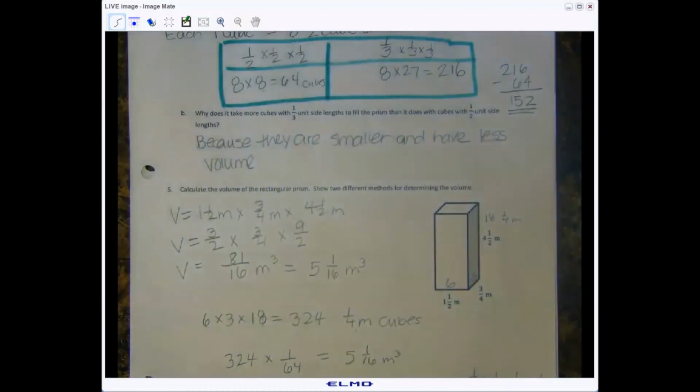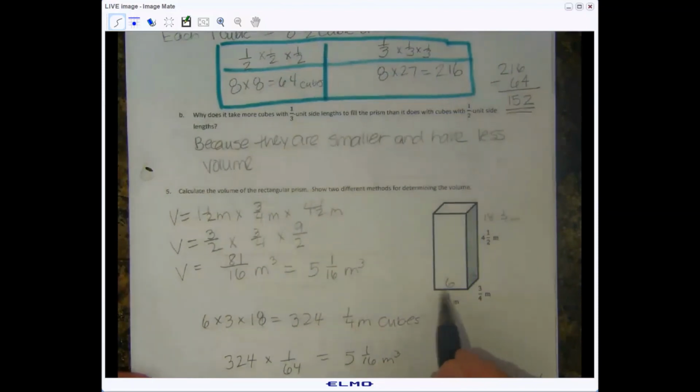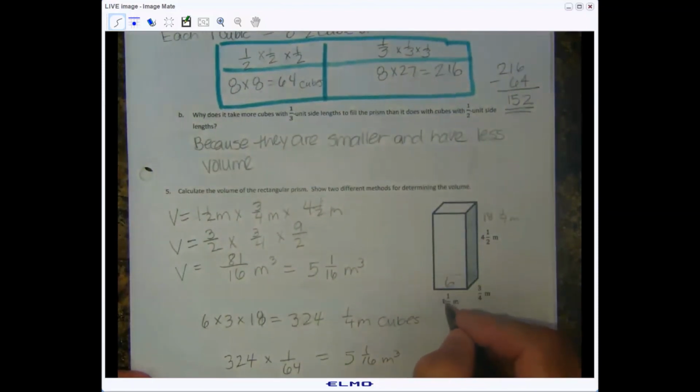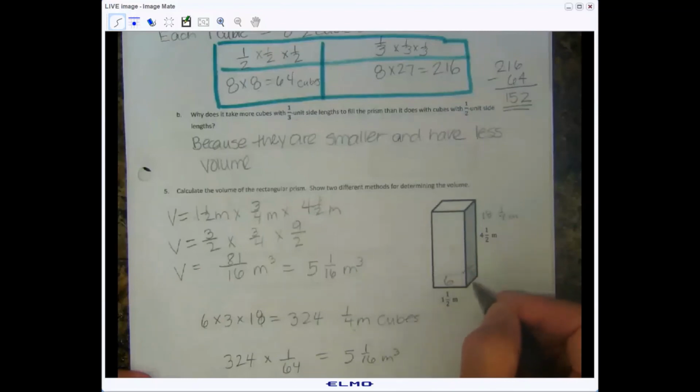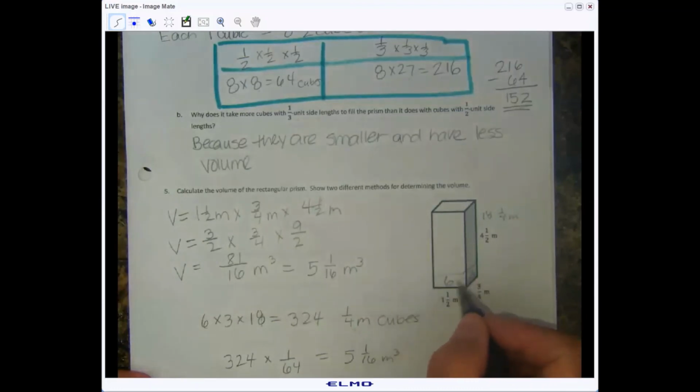If we have 1/4 by 1/4 by 1/4 cubes, can you see that you would fit 6 across this way? Because there would be 4 in the 1 and 2 in the 1/2. So there'd be 6 going this way, 3 rows of 6 because these are 3/4. So that bottom layer would be 18.